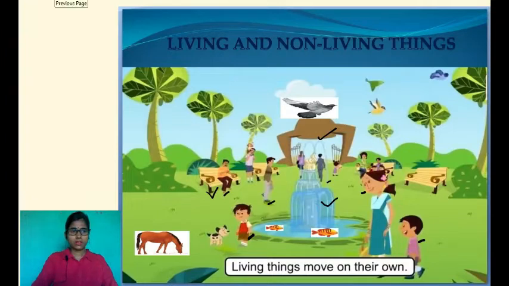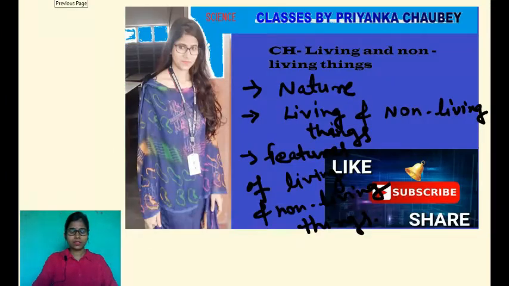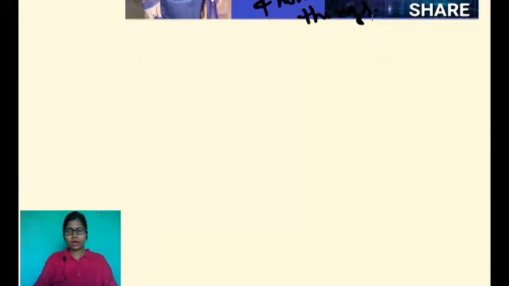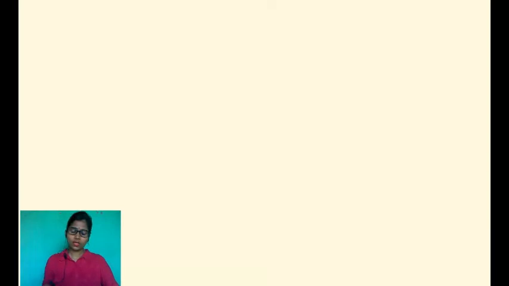Okay, students, as we have discussed in the picture, open your rough notebook and write something about living things and non-living things in detail. So, the topic we are discussing is living and non-living. It is already in nature.